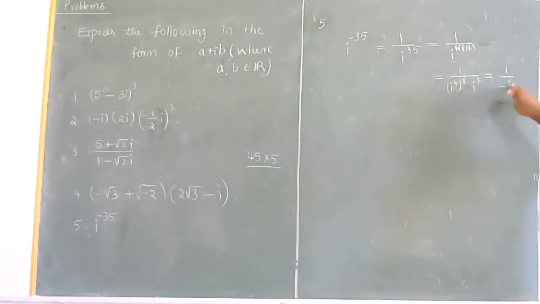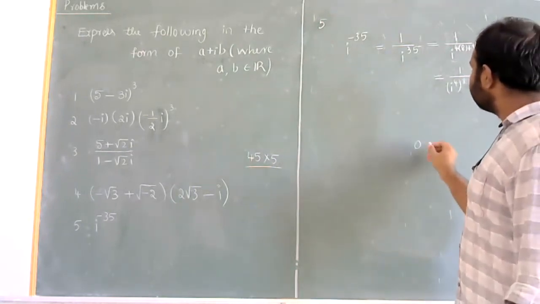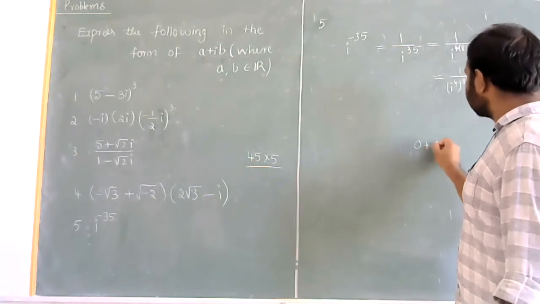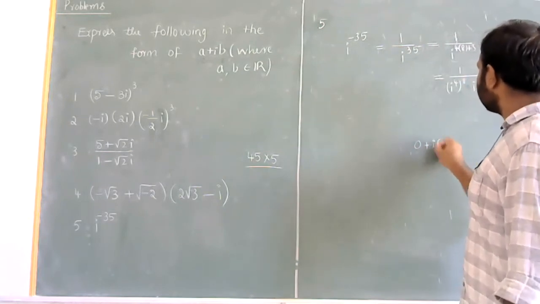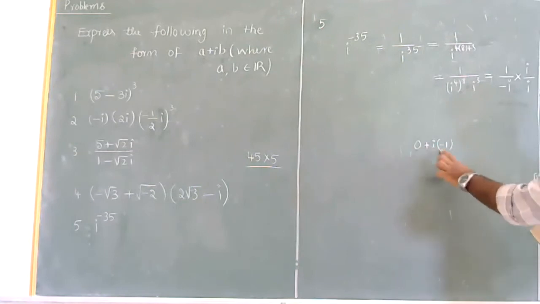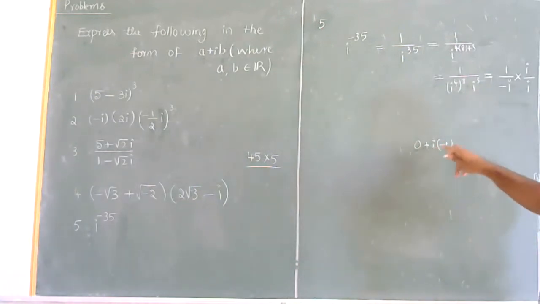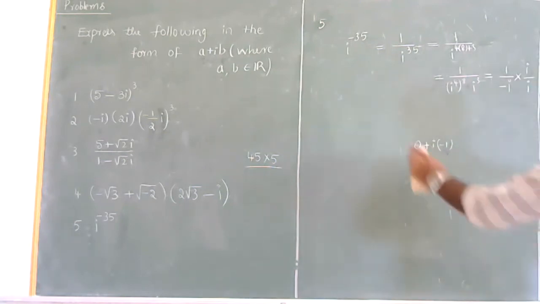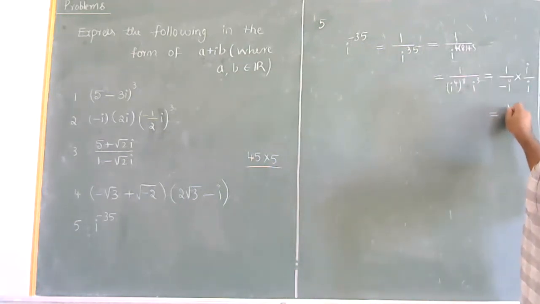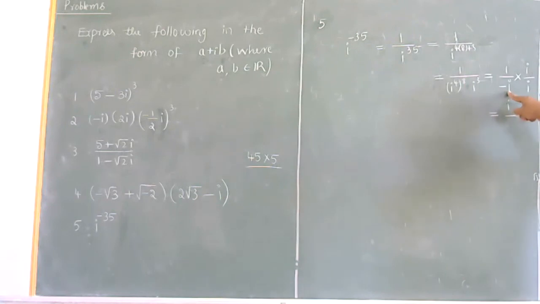Minus i is there. Its conjugate will be plus i, because minus i means 0 plus i into minus 1. This is the complex number whose imaginary part is minus 1. Its conjugate will be 0 plus i into 1, that is i. So i by i into i square. i square is minus 1, minus 1 into minus 1 is plus 1.